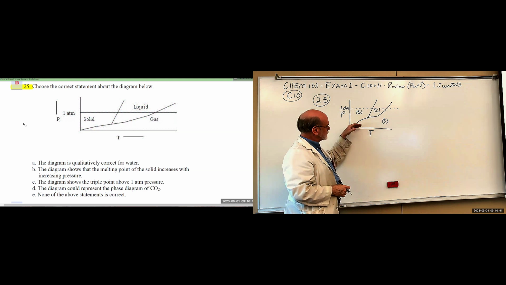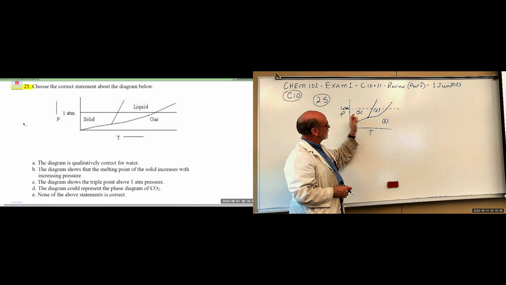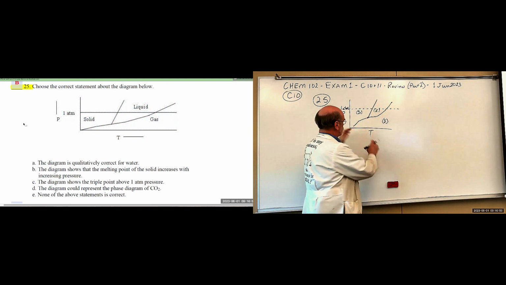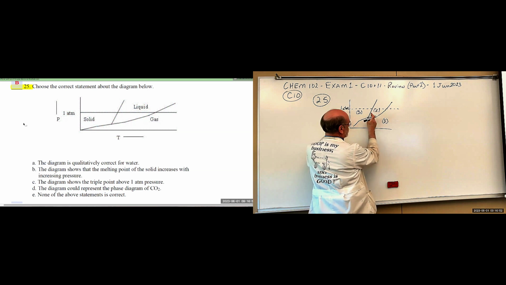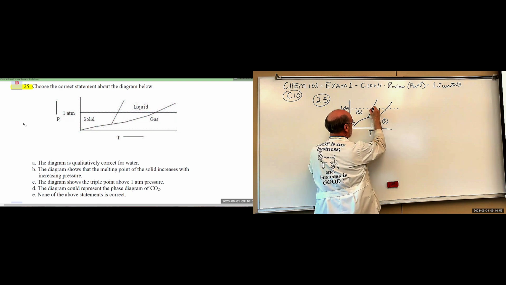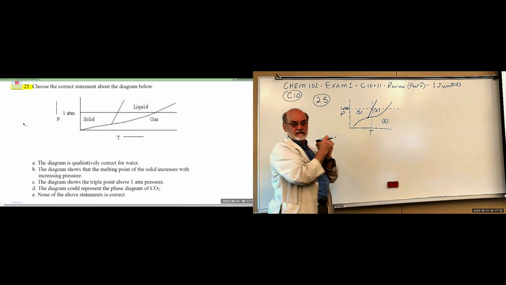As you increase the temperature or increase the pressure, either one, you go from solid to liquid or liquid to solid. As you increase the pressure on this liquid, if you're at the same temperature, right here, and you increase the pressure, you're going to get a solid.